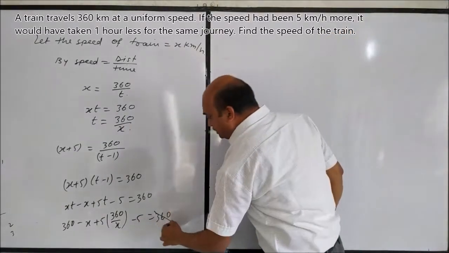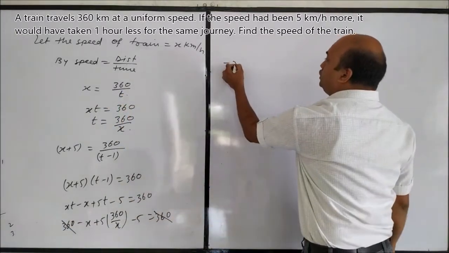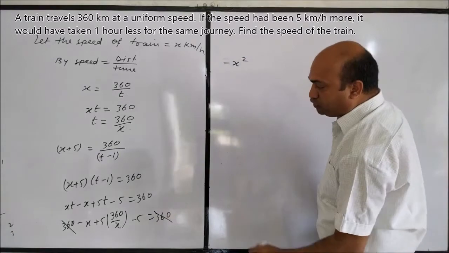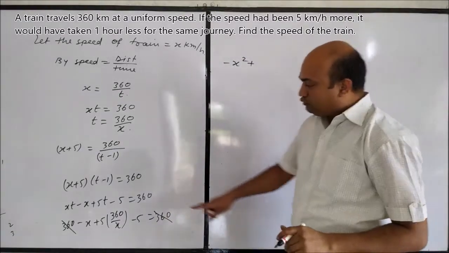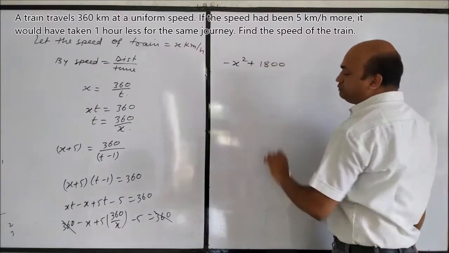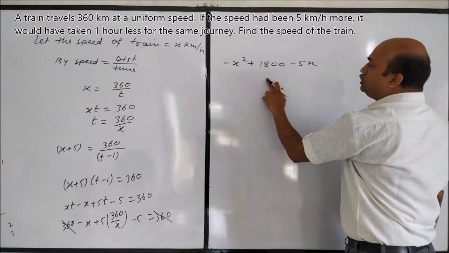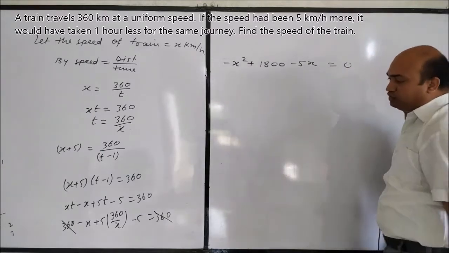By this 360 we cancel and we take x as LCM. So it is minus x square plus 5 into 360, which is 1800, minus 5x upon x is equal to 0.